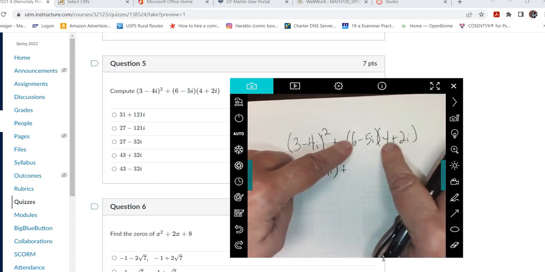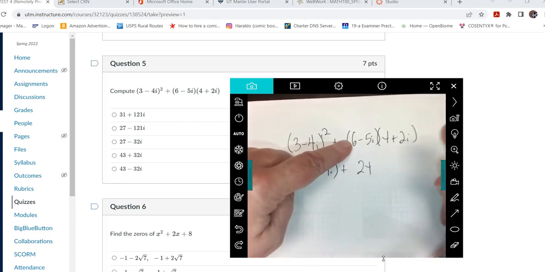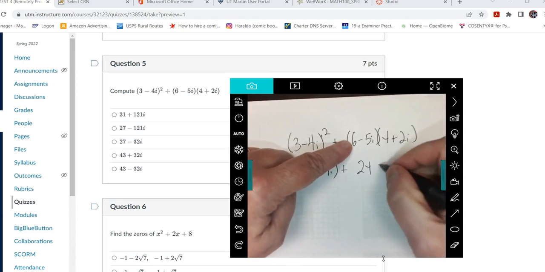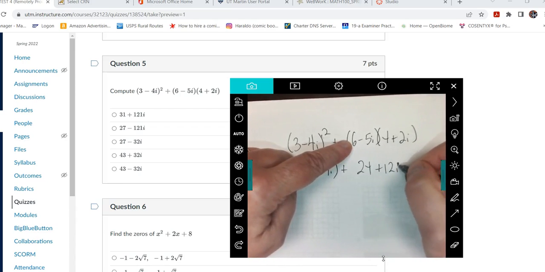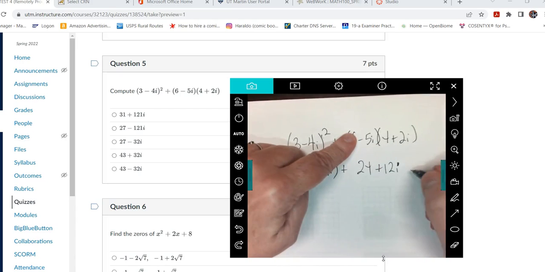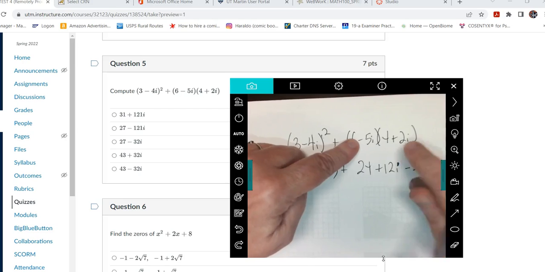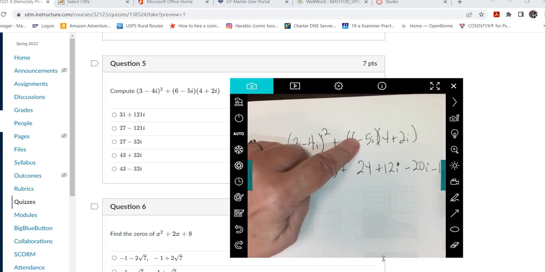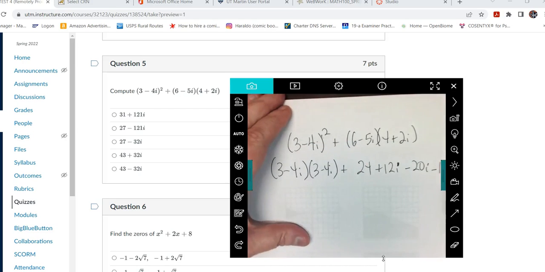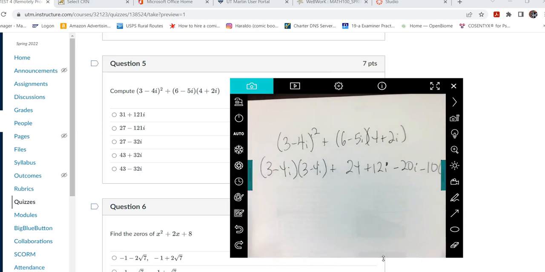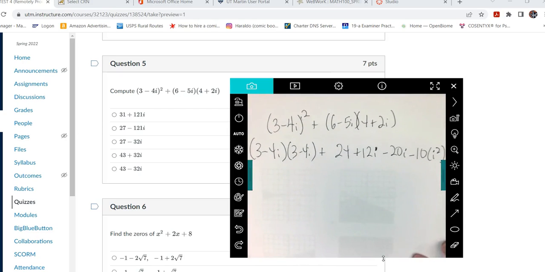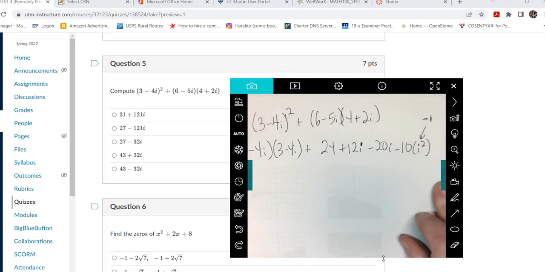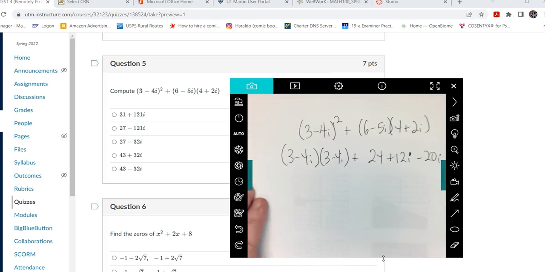And then I'm going to have plus, and I'm going to have 24 plus 12i, minus 20i. Then I'm going to have minus 10, then times i squared. And so this is going to be equal to negative 1. Okay, so let's come back here.